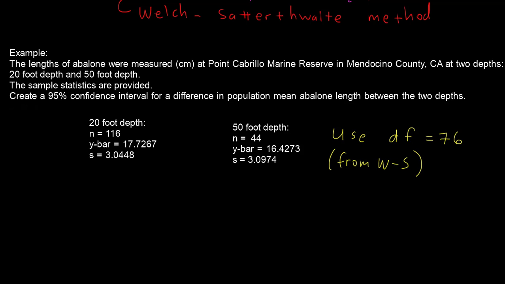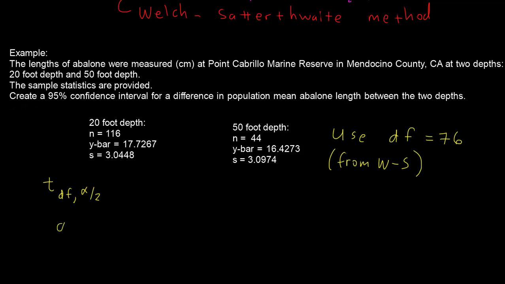Okay, now the notation that we use with that t critical value looks like this: degrees of freedom, alpha chopped in half. So we know what our degrees of freedom is, but what is alpha? What is this significance level?